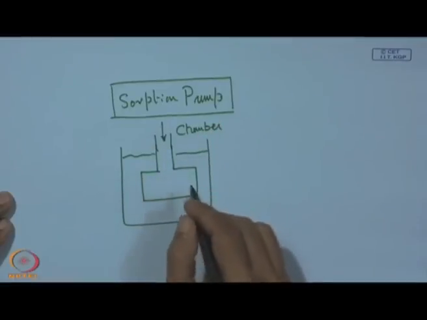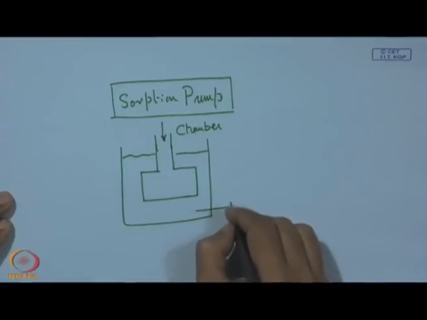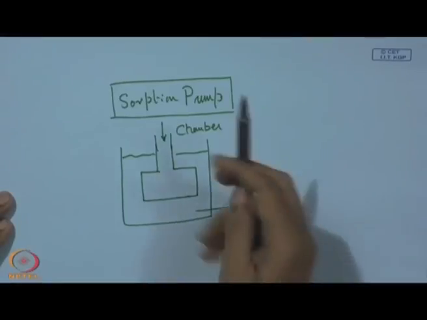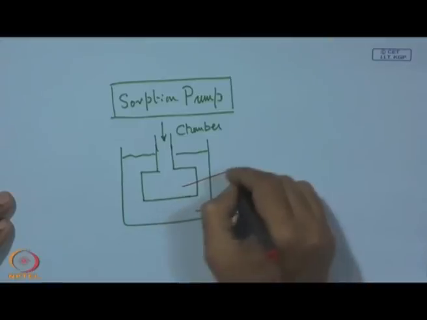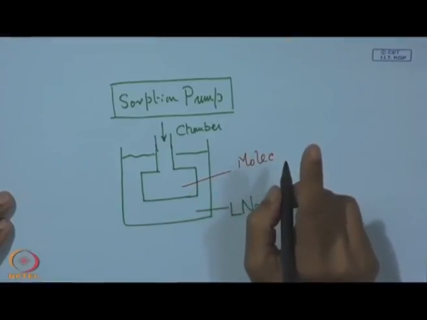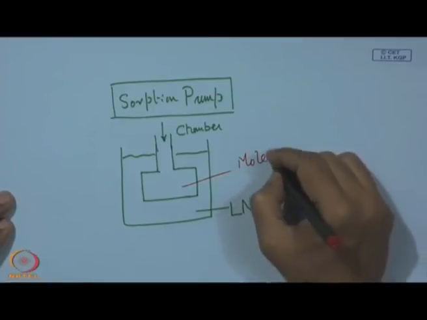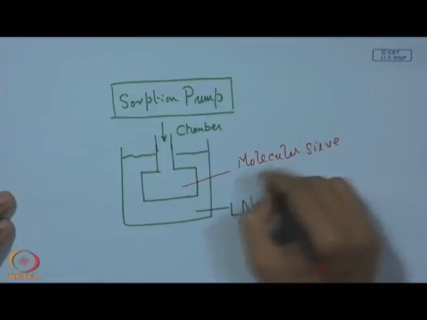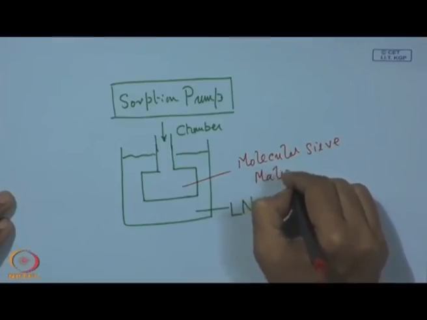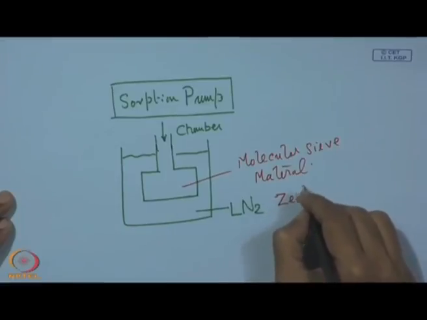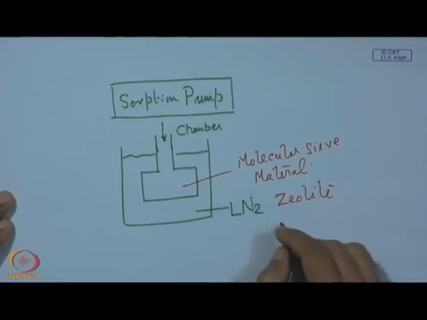So, air will be dragged, and this is filled with liquid nitrogen, and this space is filled with this molecular sieve material, some zeolite-like material.